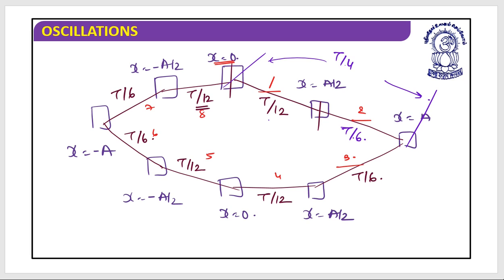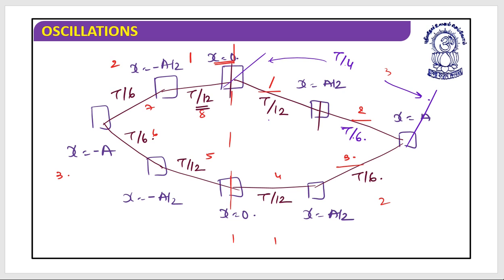Now if someone asks me, sir, I want to move in this direction, it's a first, second and third for me, it is absolutely okay because this is a symmetrical diagram. This is exactly mirror symmetry. There is no difference in the time taken. So whether you move in any direction, or if you wish, you can start from here, it's a first, second and third, even this would be the same.